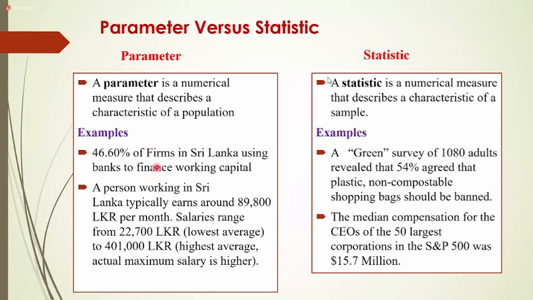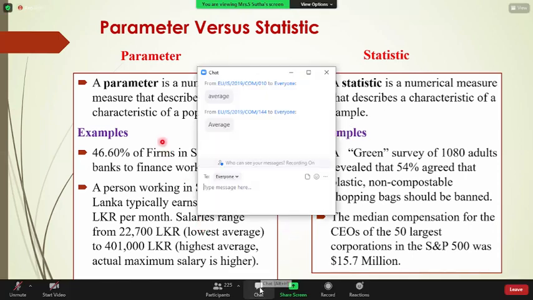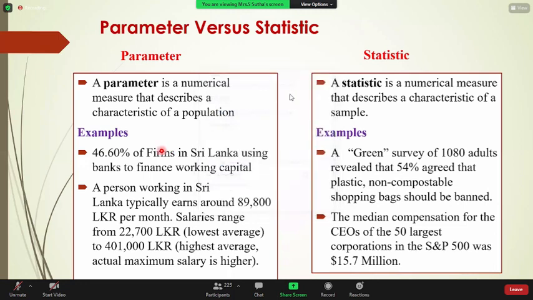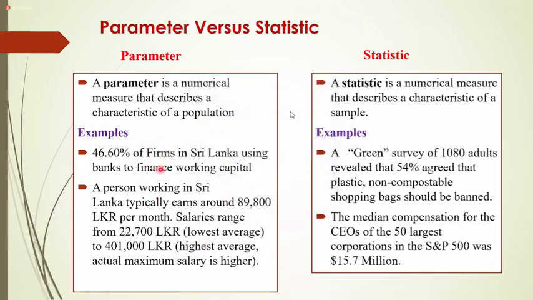In this case, the characteristic is whether they use working capital. In this case, the characteristic is salary. Right? And in both cases, we calculated those characteristics for the whole country. So that is a population parameter.